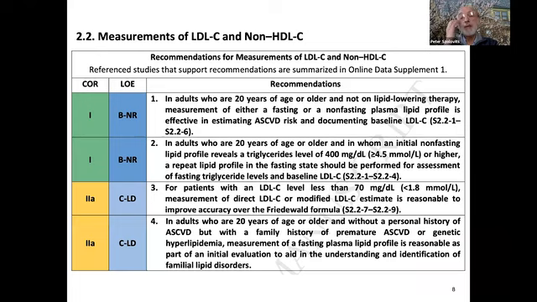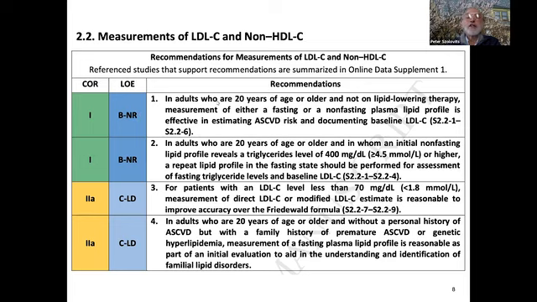If you look at this particular document on cholesterol, it says, here are our recommendations on the measurement of LDL and non-HDL cholesterol. The confidence in the recommendation is 1, and it's based on B-NR level of evidence.